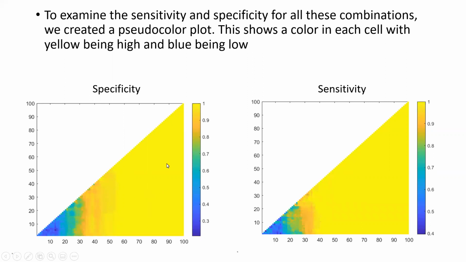As you go over here, this is only the very beginning of the simulation, so you only have a pretty weak measure of specificity and sensitivity down here. But you can see there's some interesting behavior in the intermediate areas as well.